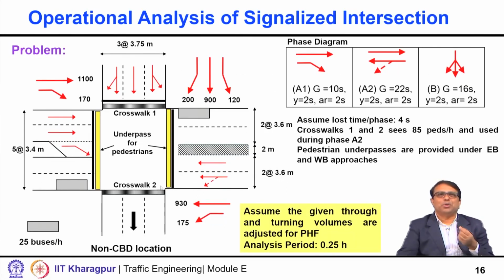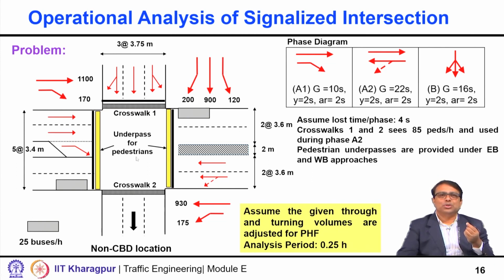Now, coming back to our own problem, you remember that phases A1, A2 and B, the green times are 10 seconds, 22 seconds, 16 seconds, yellow all red times are given, lost time 4 seconds, crosswalk and 2C is 85 pedestrians per hour in phase 2.